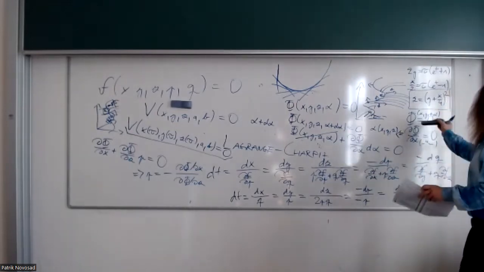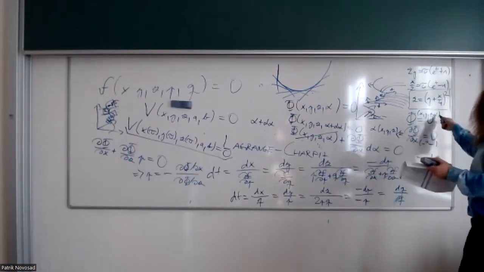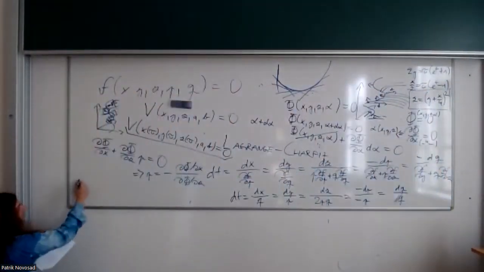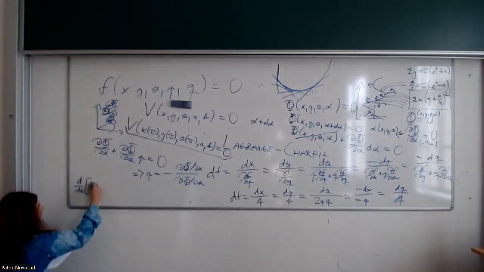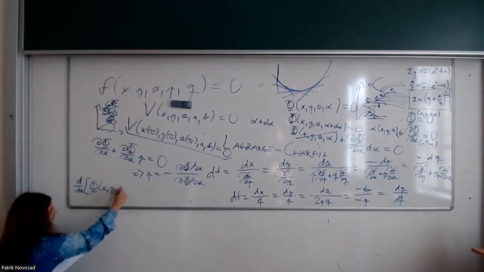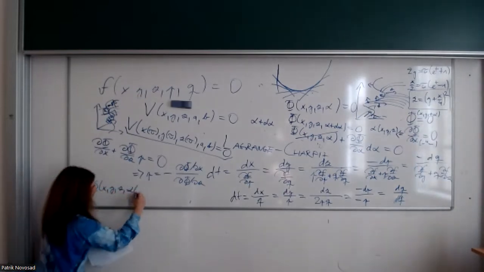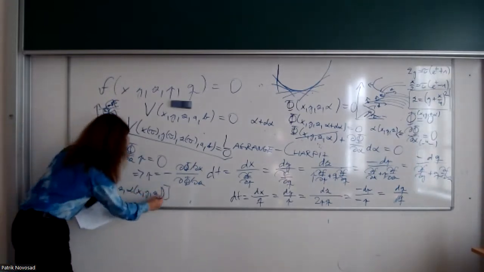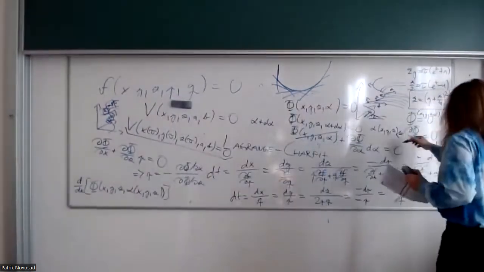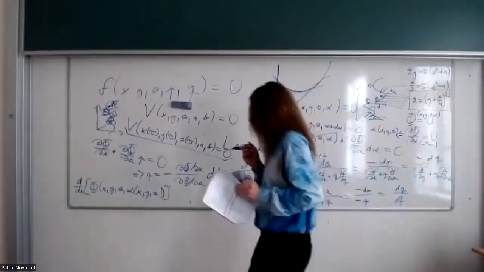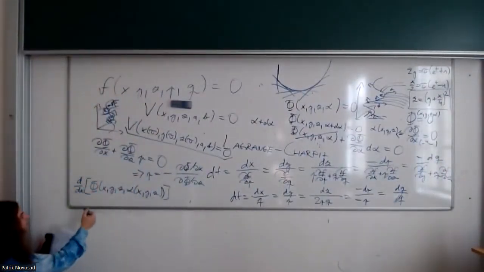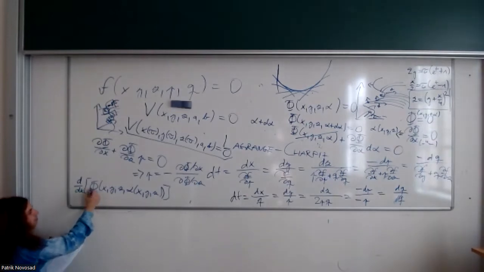So in here, I would have the phi, but the alpha would still be a function of x, y, and z. So here it would in fact be d dx of that phi, but that would be a function of x, y, and z, and alpha that would itself be a function of x, y, and z, because we have expressed it using this equation and plugging it back. So doing the derivative here will be a little bit more complicated, but not very much.